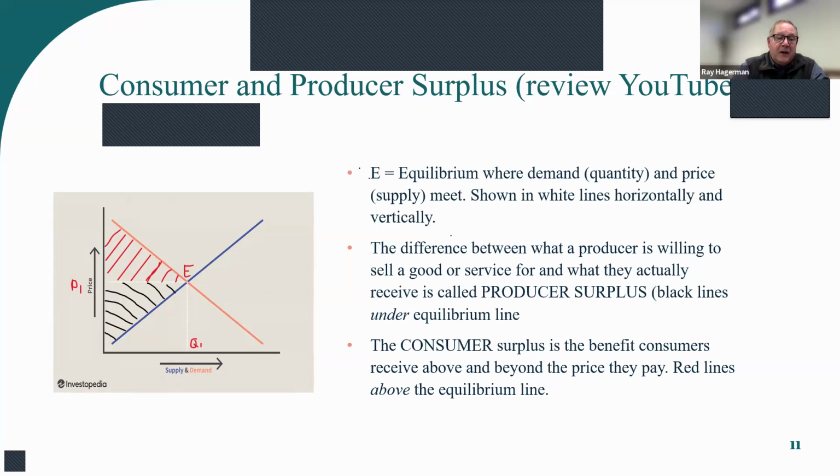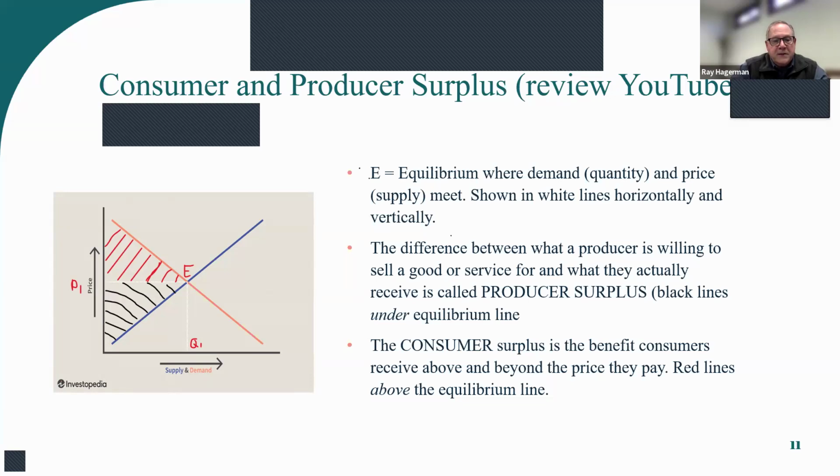But honestly, if you just look at this graph, we've got supply and demand here, right? The price is on one axis, the quantity is on the other axis, right? The blue line is the supply curve, so to speak. The demand line is the orange line.